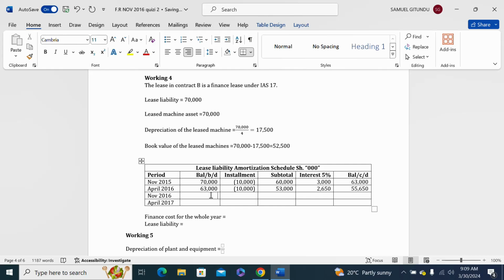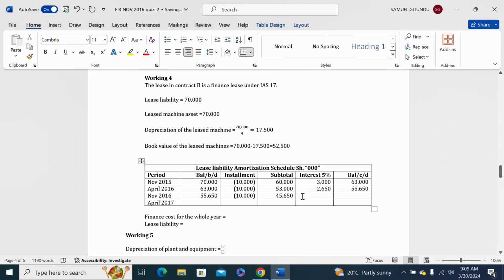The balance brought down is 55,650,000. We deduct 10 million. You're getting 45,650,000.